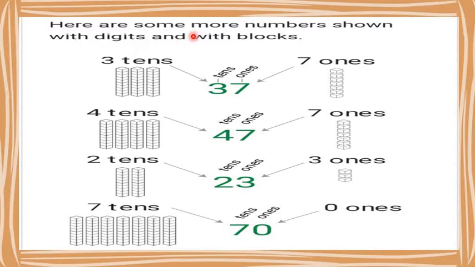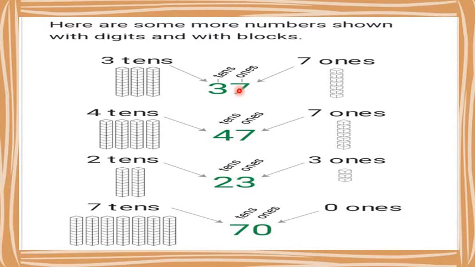Here are some more numbers shown with digits and with blocks. Look, the number is 37. So 3 stands on the place of tens, meaning 3 tens, and 7 stands on the place of ones, meaning 7 ones. So we can say that 3 tens and 7 ones is equal to 37.